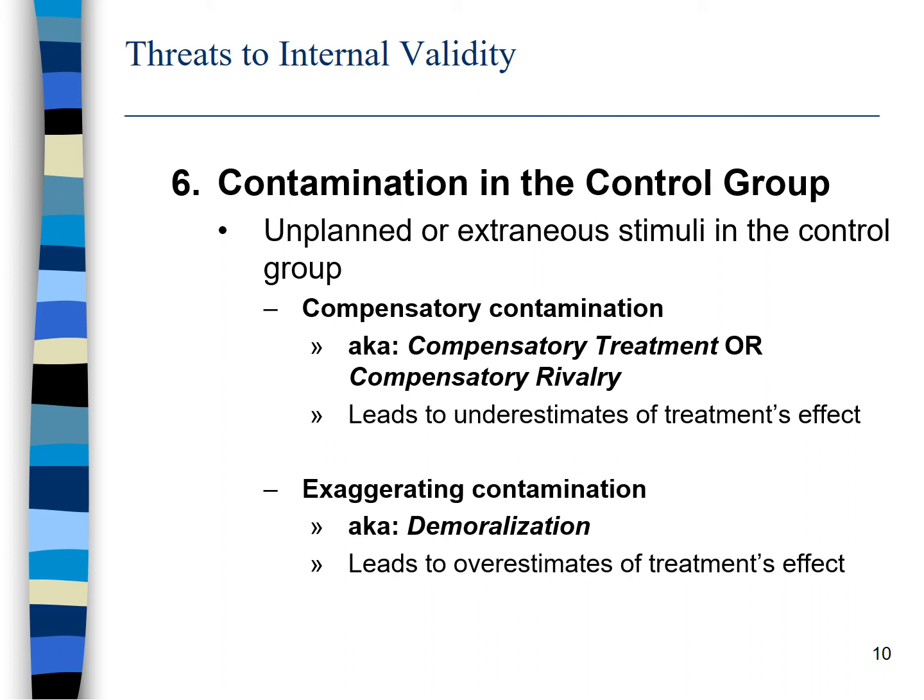The first one, the do-better for the control group, is known as compensatory contamination. Your book talks about two versions of compensatory contamination called compensatory treatment and compensatory rivalry.